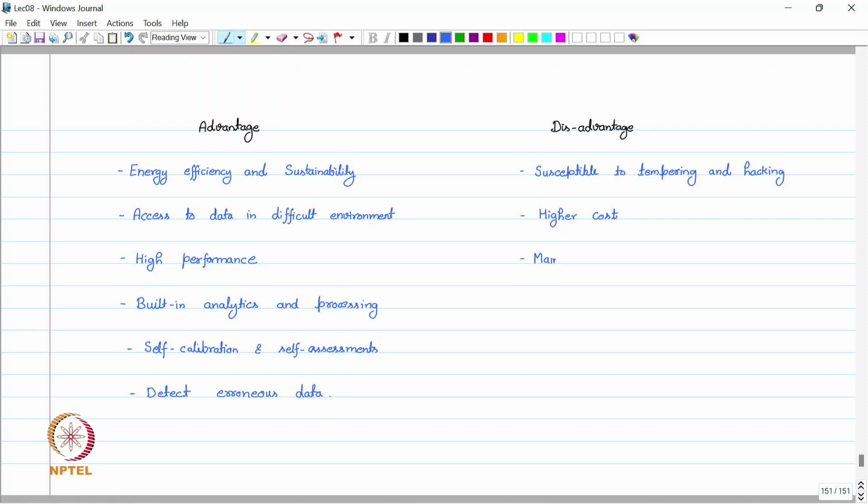Maintenance, battery lifetime, expertise, and meeting requirements for IoT development. So these are some disadvantages of smart sensors.